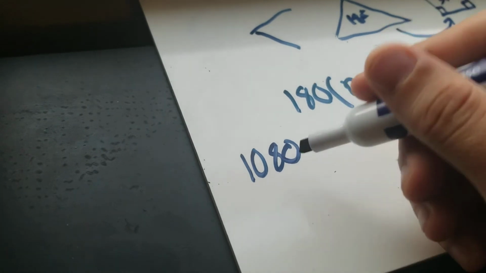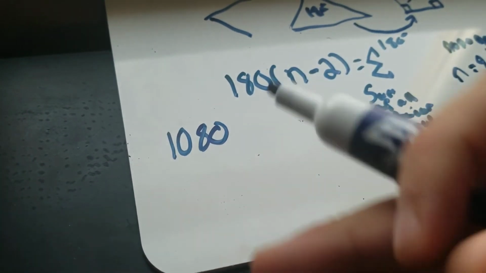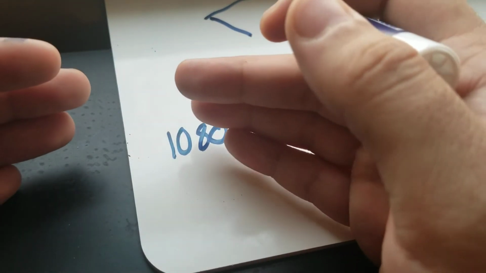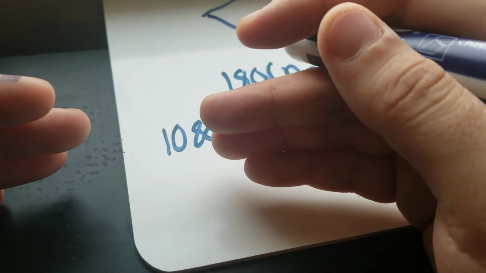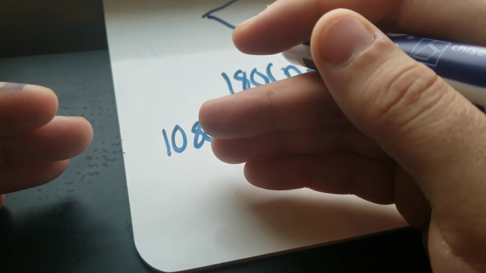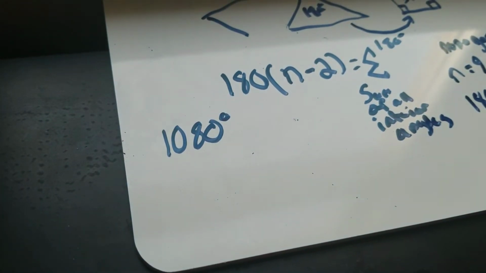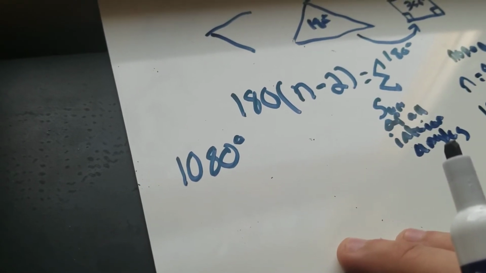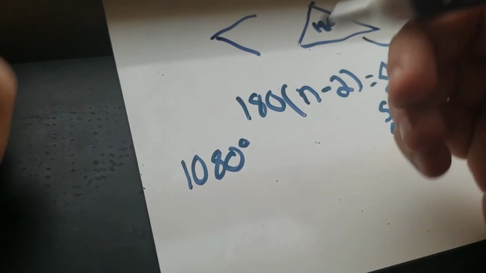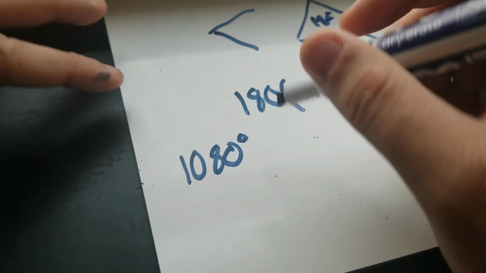So I'm asking you now, this is a second type of question. If I know the sum of the angles on the inside of the shape is 1080 degrees, can I find how many sides that shape has? Okay, so we have 1080 degrees, and we're going to find how many sides that shape has.